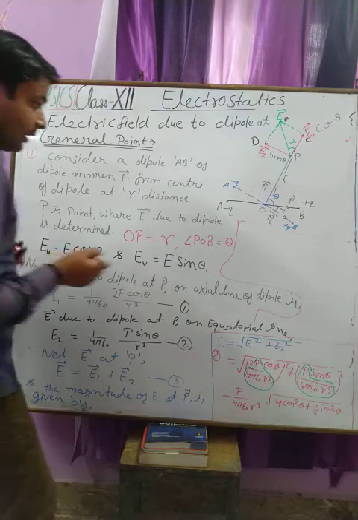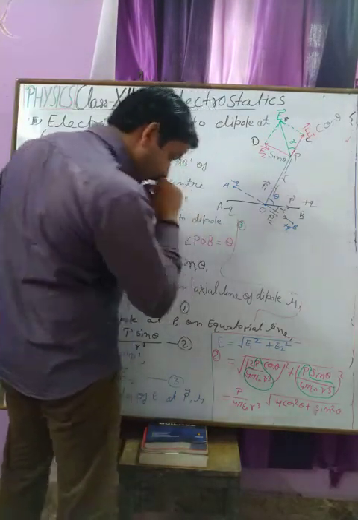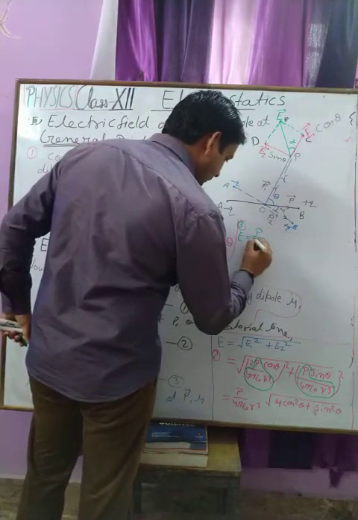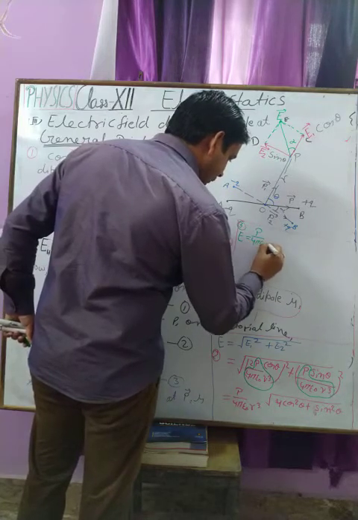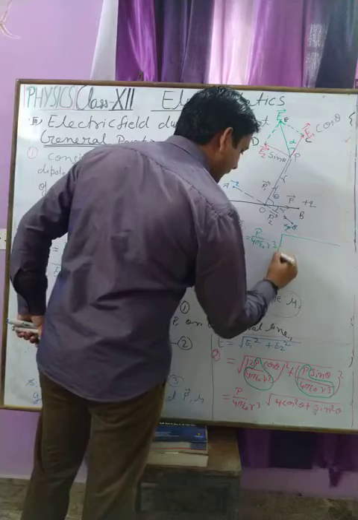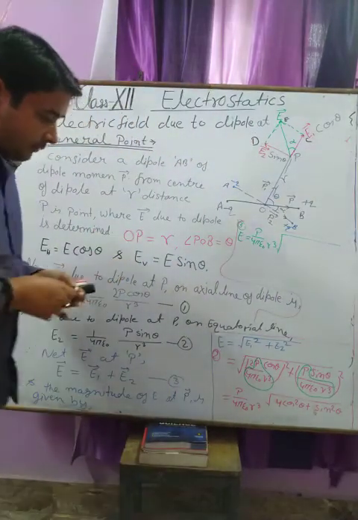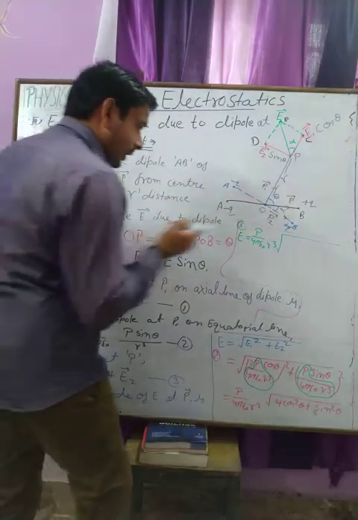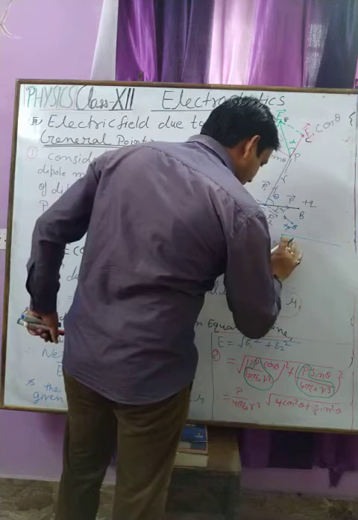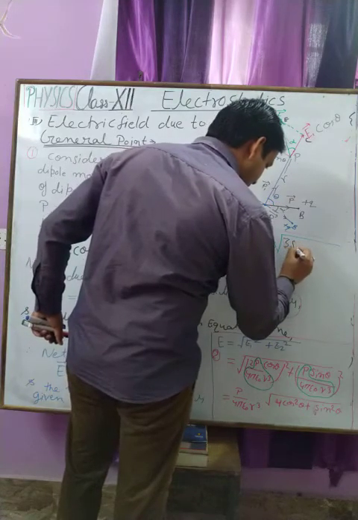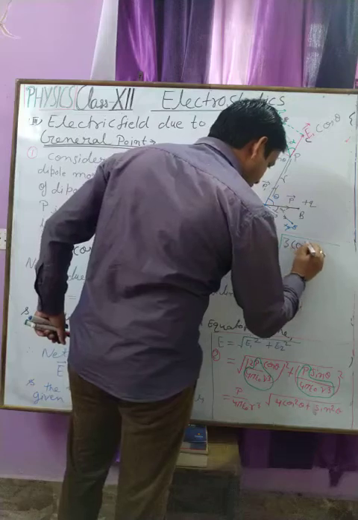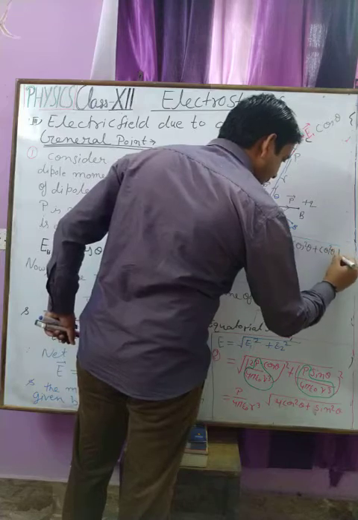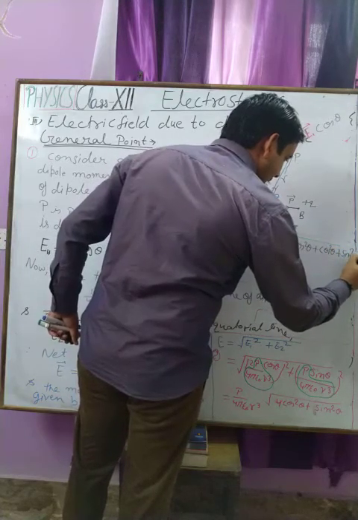Okay, now this third point is E equal to p upon 4 pi epsilon naught r cube, inside the bracket. In place of 4 cos square theta, we are using 3 cos square theta plus cos square theta plus sin square theta.